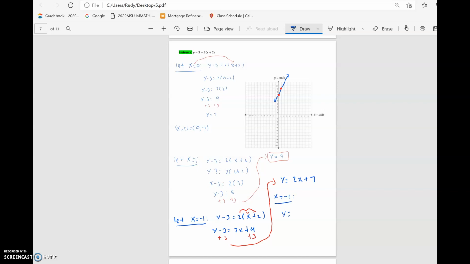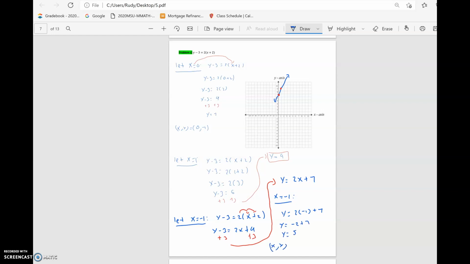And we're using x is equal to -1. So it'll be equivalent to plug it in into the simplified equation, as opposed to plug it in like I did on the previous one, where given the equation we plugged it in and solved. And I'm referring to this portion here and this portion here. So in this case, your y value, it's going to be -2 plus 7, or y is equal to 5.